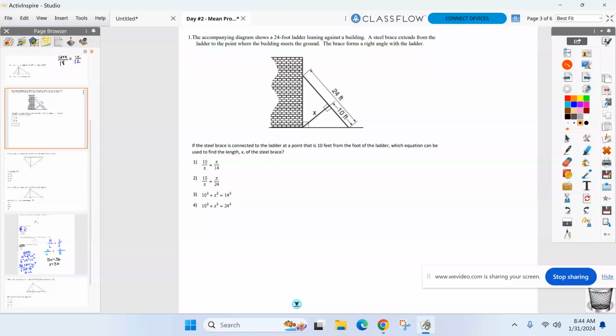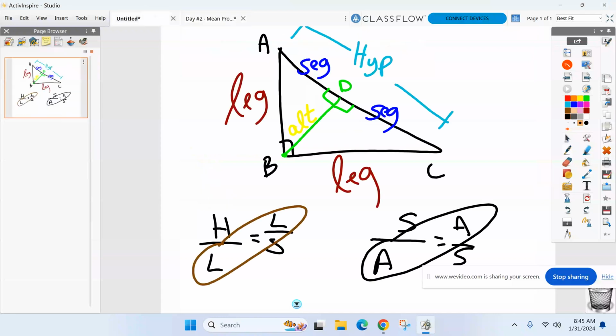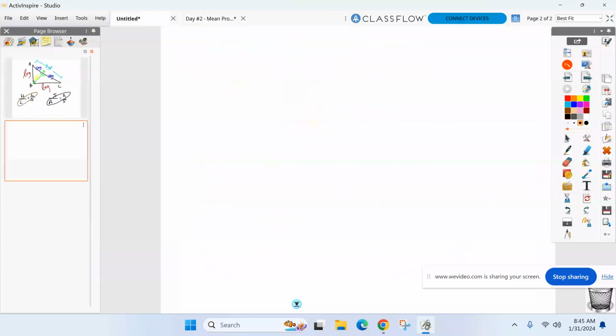If I got this one wrong, call me over and we'll figure out where you went wrong. Take a look up here for the answer key when you're completely done. Don't just change an answer. It does nothing for you.